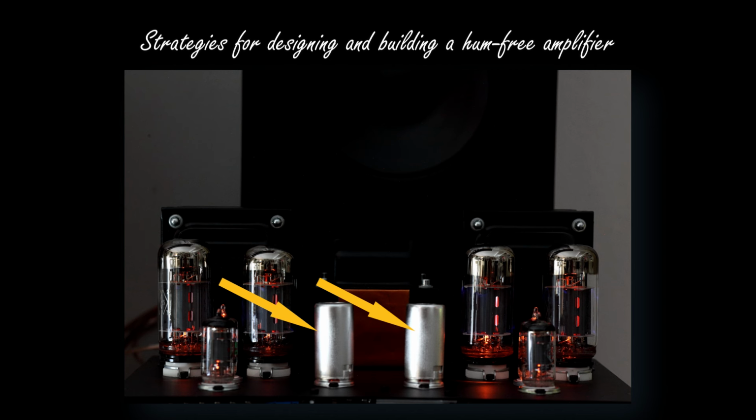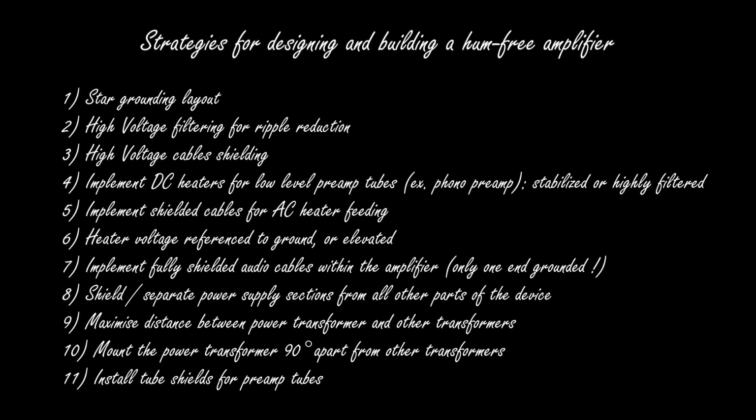Those shields are of course beneficial even if the tubes are mounted inside the chassis. In this case, the shields protect especially the preamplifier tubes from any magnetic field within the internal part of the chassis. So we have seen several steps, several actions which together contribute to creating a completely hum-free amplifier.